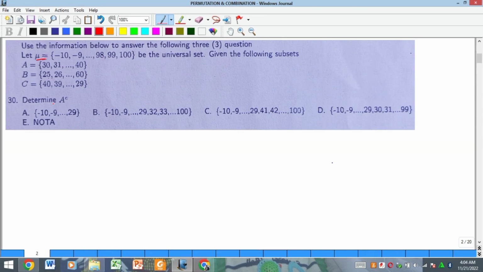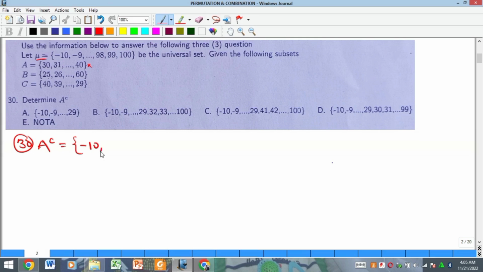But they say we should determine A complement, meaning elements in the universal set that are not in A. So what is that going to be? We can actually list, like I said, but there will be no point. So look at it. Our A complement is simply going to be, so A started from 30. That means minus 10 is not going to be there.